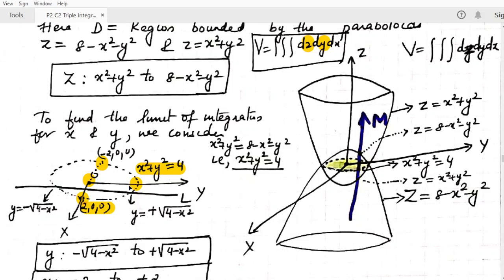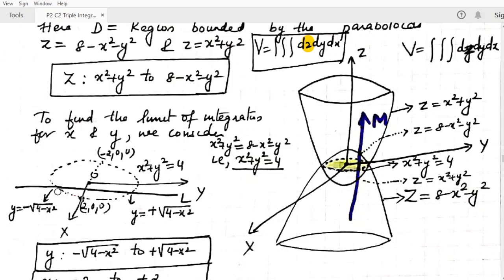To find the limit of y, we draw a line parallel to y axis and denote it as L. Observing this line L, the entering point and exiting point of the line will determine the limits of y. We see that this is the positive axis, and this is the positive axis.